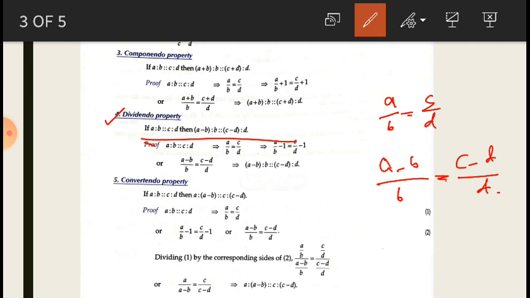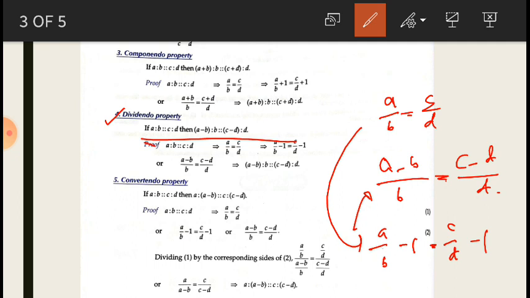For doing that, we just have to subtract 1 from both sides, c by d minus 1, then you will reach this result.